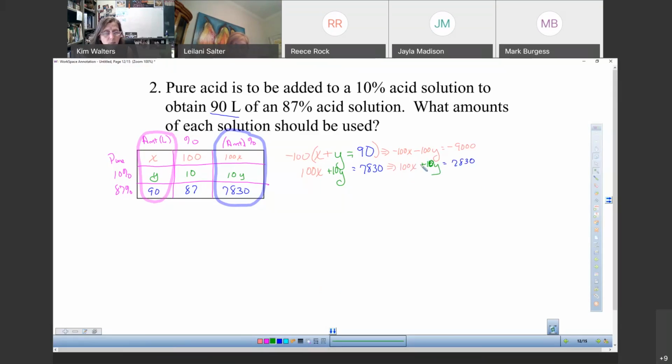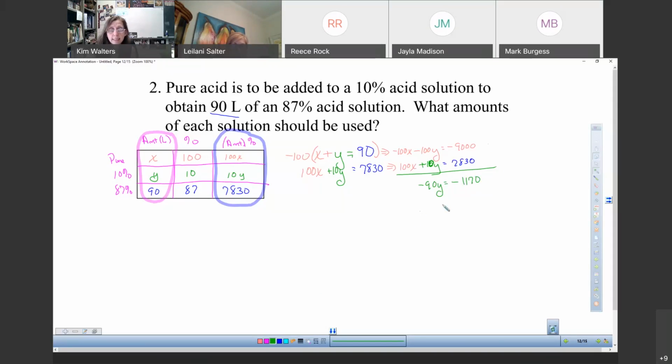And so now I'm going to add the two equations together. When I add these two equations together, I get negative 90y is equal to negative 1170. I do want to point something out to you here.